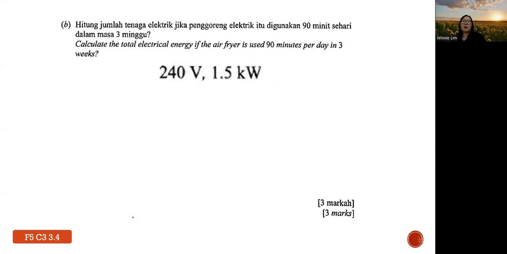Okay, calculate the total electrical energy if the air fryer is used 90 minutes per day in 3 weeks. Normally this type of question, if they ask you to calculate how many days, is because they want to calculate the electric bill. The SI unit for electrical energy is basically joule, right?